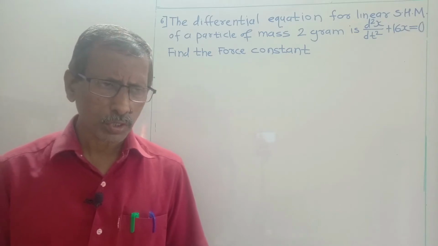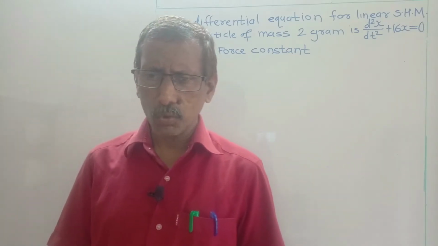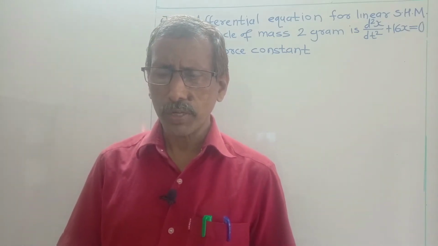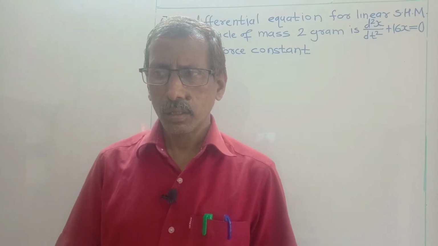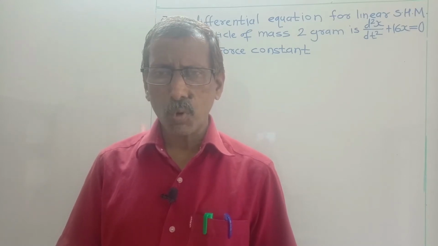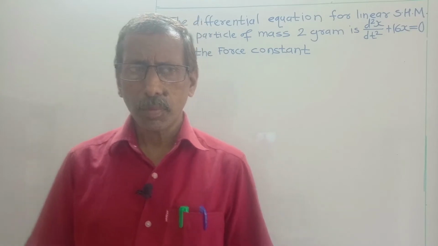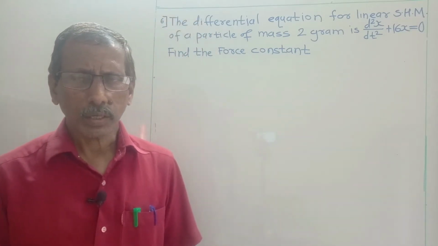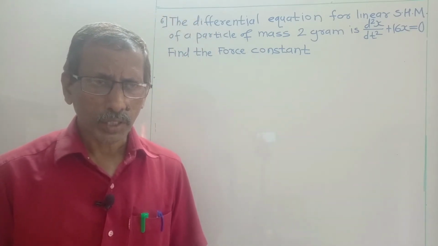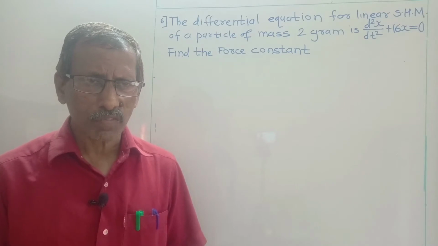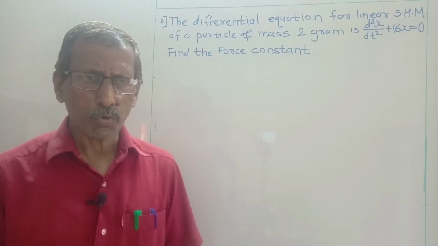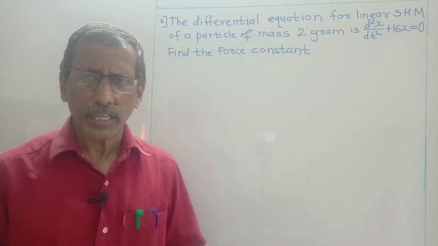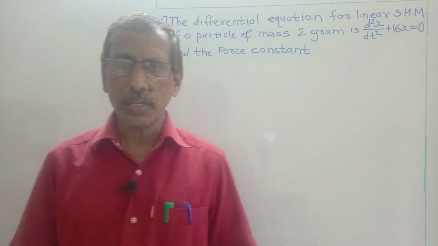So dear students, today we are going to find the same force constant, but by using another method, another formula, that is by using the differential equation of linear SHM.